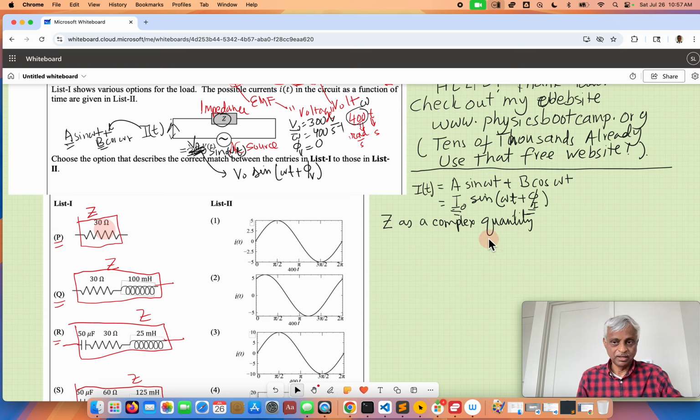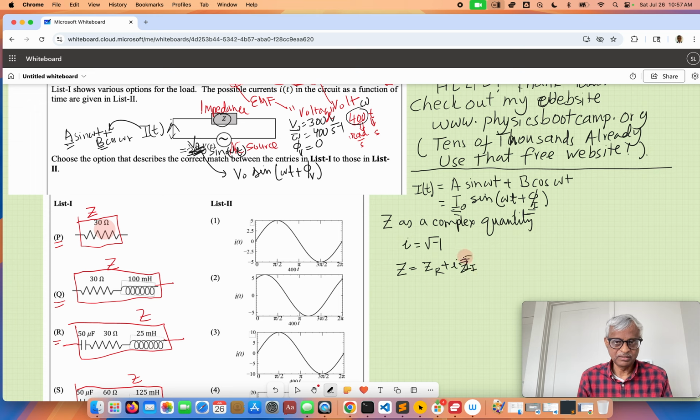This is a little bit advanced, and we are going to have to learn a little bit. When you have a complex quantity, you introduce i, the square root of -1, and so you can write Z as Z real plus Z imaginary, not current, but Z imaginary.